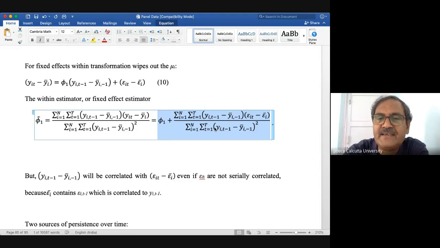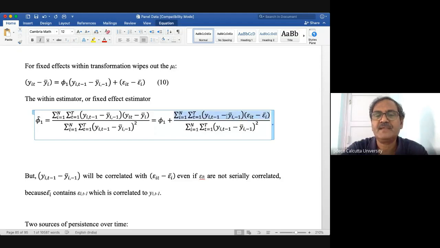But in our case, when we consider yt minus 1 as the explanatory variable, if you look at the numerator, this is the covariance component. Covariance between yt minus 1 and epsilon it.